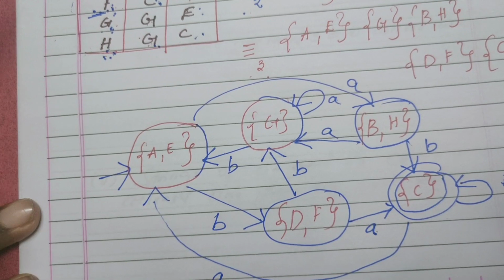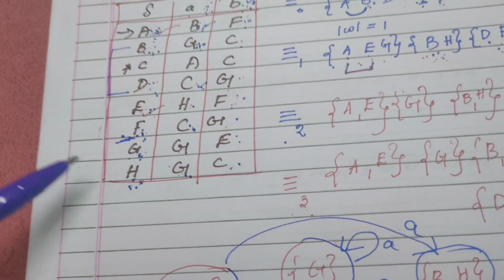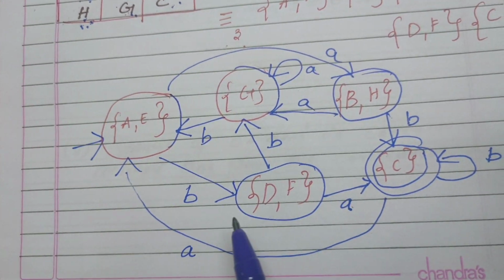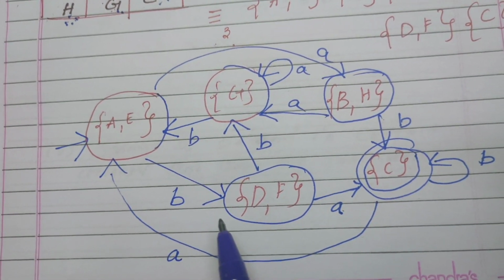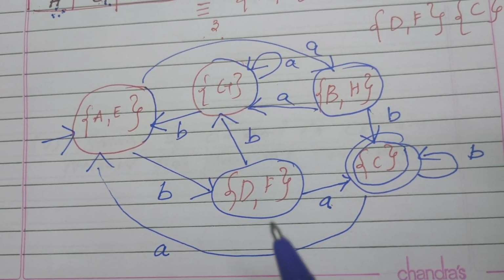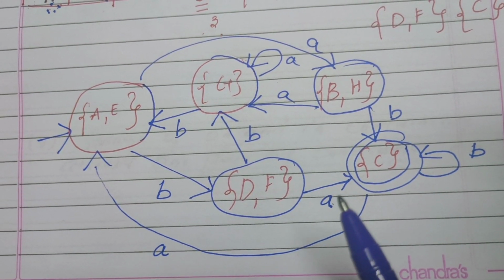That's all. Totally we have 8 states here. Now it is minimized to 5 states. So this is the final obtained minimized DFSM. Please practice this problem. I'll meet you in another video with a similar kind of problem which is given in another question paper. Thank you.